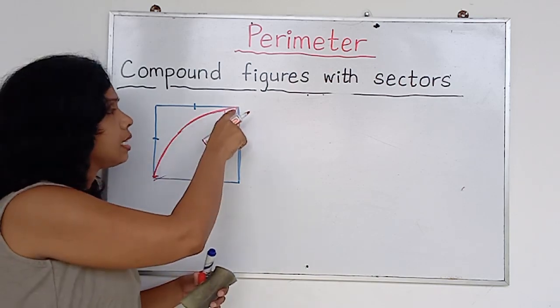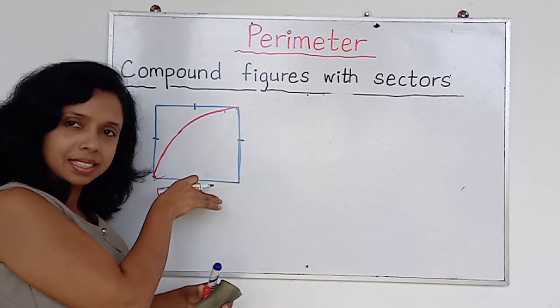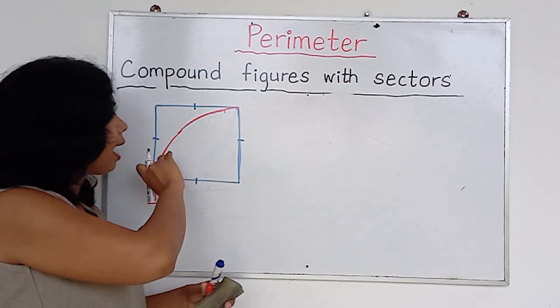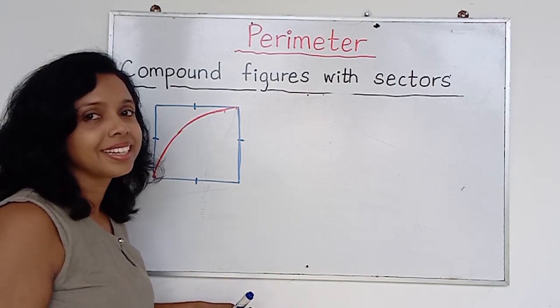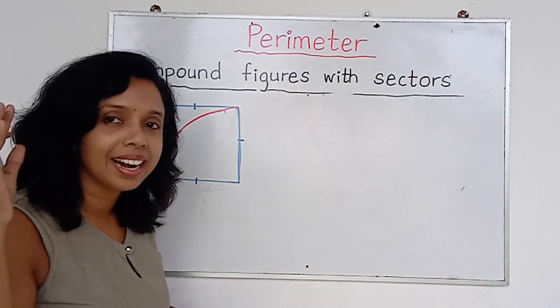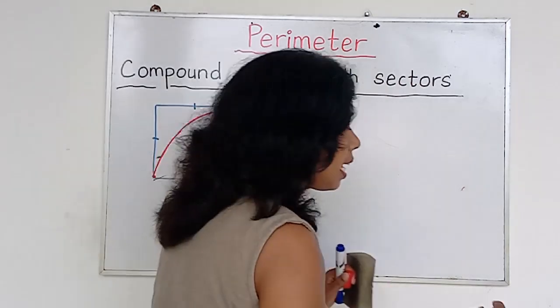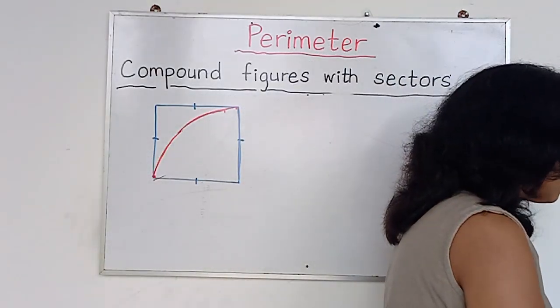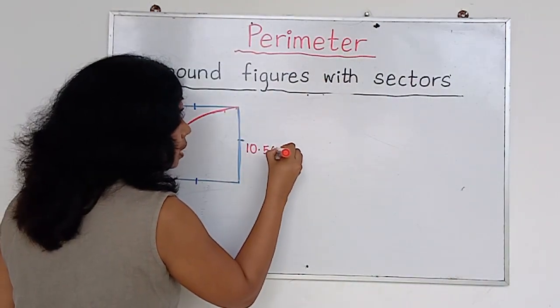So this side is equal and this side is equal. And tell me what is this? It's like a quarter circle. Let's say this length is, yes, they have given this as 10.5 centimeters.